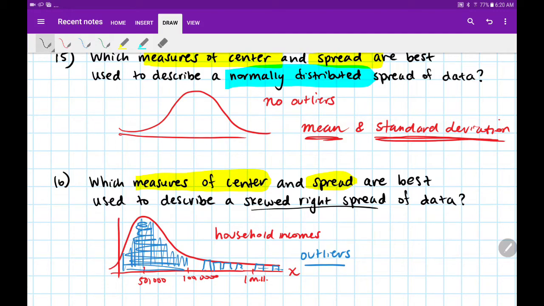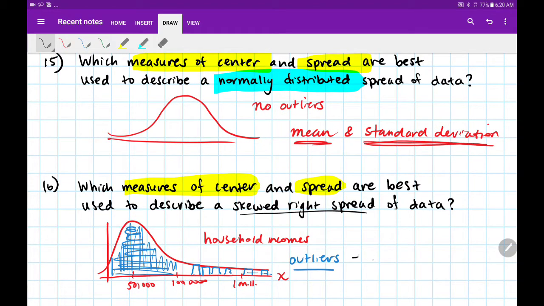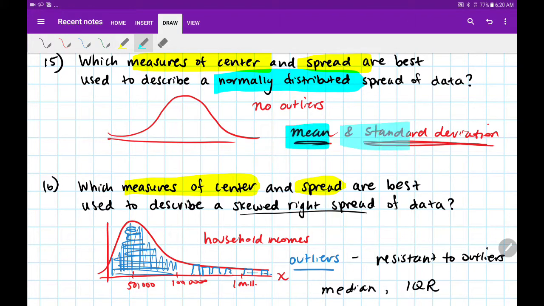And so when we have outliers, we need to use measures of center and spread that are resistant to outliers. And those measures are, for center, the median, and for spread, the interquartile range. And those are our answers for number 15 and 16.